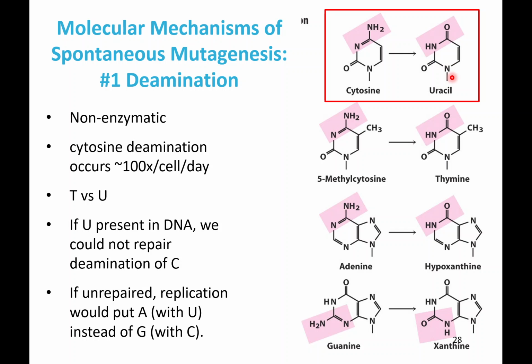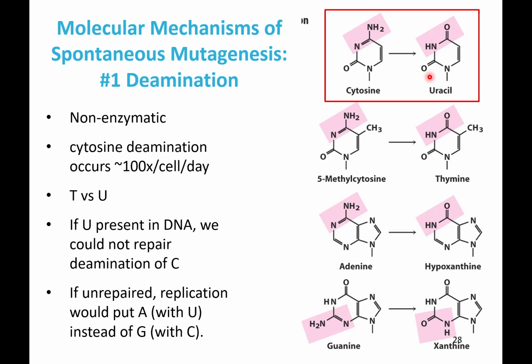I can fix that. Okay, and so that's why it's important that we have the base T, thymine, in DNA as opposed to uracil. Okay, so if uracil was present in DNA, there'd be no mechanism for repairing the deamination of C to U.